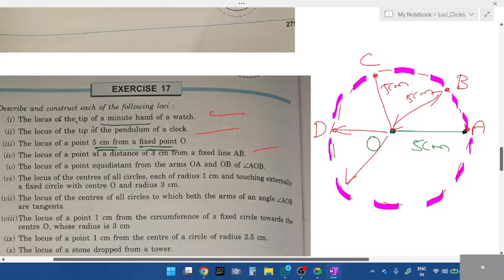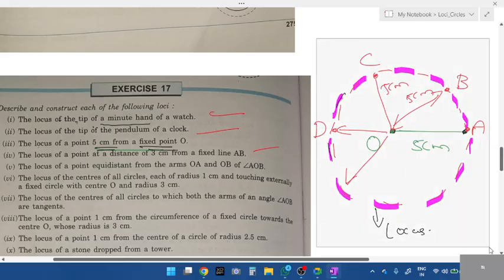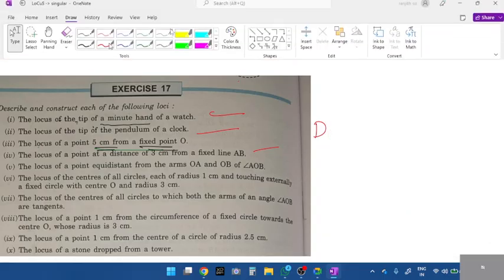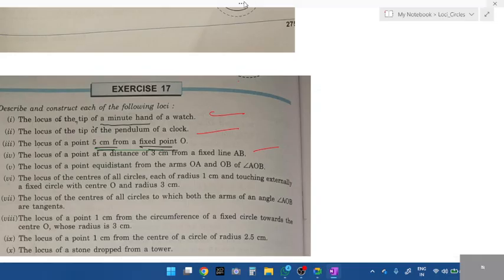That is the geometrical condition given. So according to the geometrical condition, the pink line is the locus, the traced path. Simple. They won't ask all this, it is just for reference. Is this clear? Understood how to draw a diagram? Response, students. Do you have any doubts?